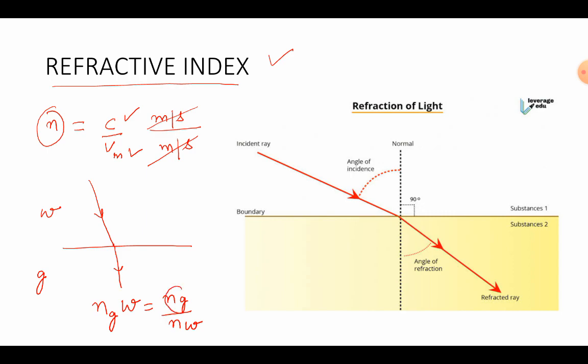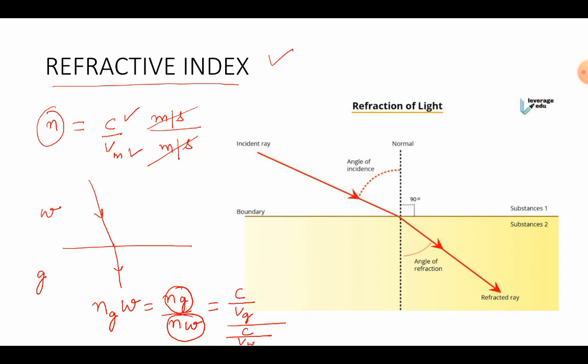If we just look at the numerator, this is the refractive index of glass. How to find it? We find it with the ratio of speed of light in vacuum to the speed of light in glass. And if we look at this part of the formula, this is the refractive index of water. So this is defined as the ratio of speed of light in vacuum to the speed of light in water.